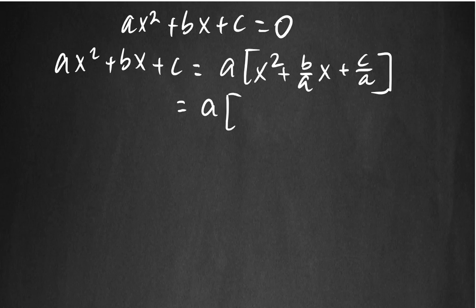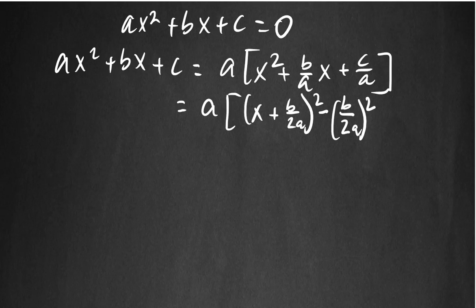So we say a factoring x plus b over 2a squared minus b over 2a squared. We have this part, and then plus c over a, but this time everything uses a as a factor.